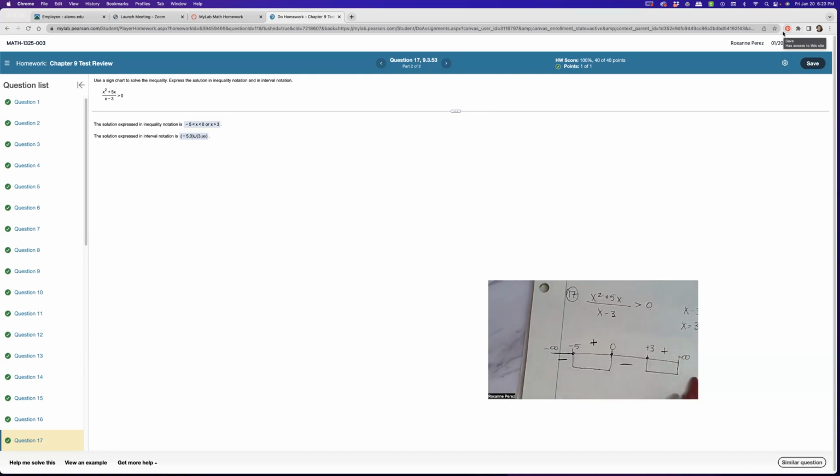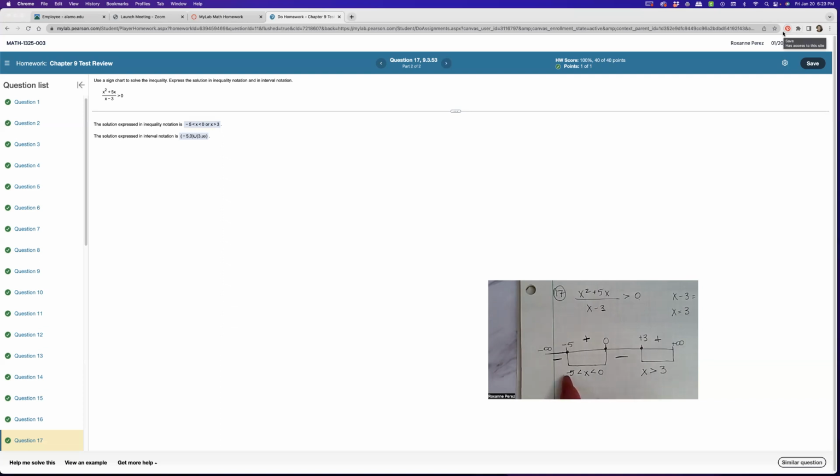So how do we write that in inequality notation? Here it's -5 less than x less than 0 for this part of our domain. For this area, because it's from 3 to positive infinity, that's for all x values greater than 3.